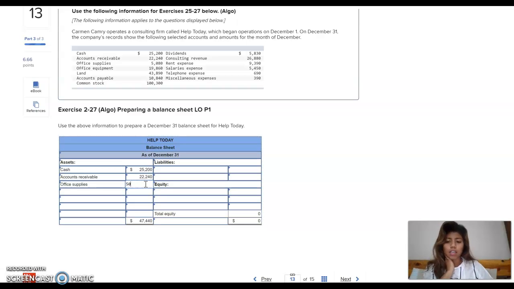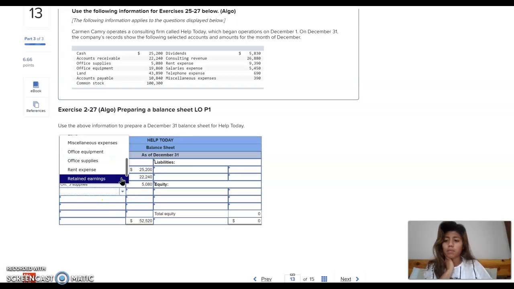So 5,880. And then we're going to move on to office equipment, which is also an asset until it is used up. So when you use up equipment, it's called depreciation and you just expense it. Where is it? 19,860. Okay.